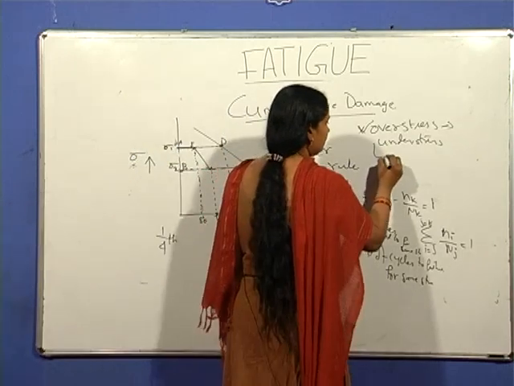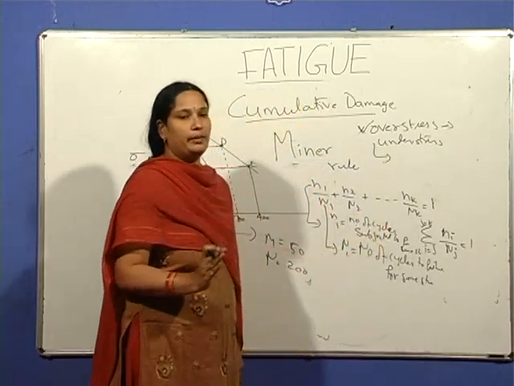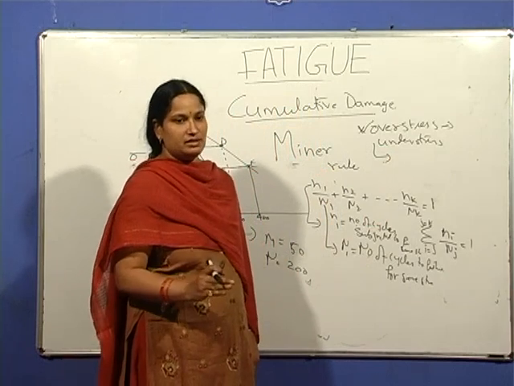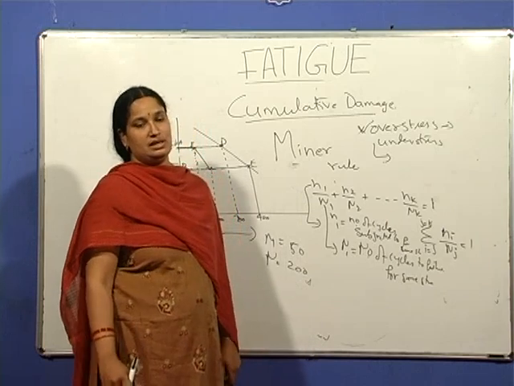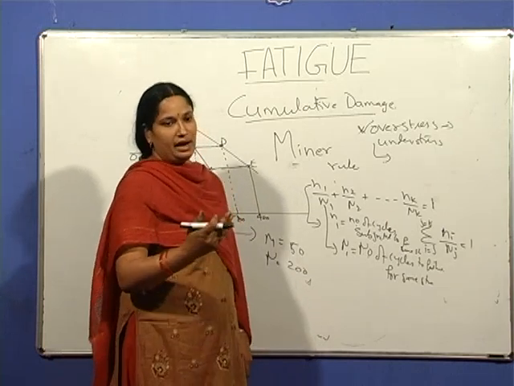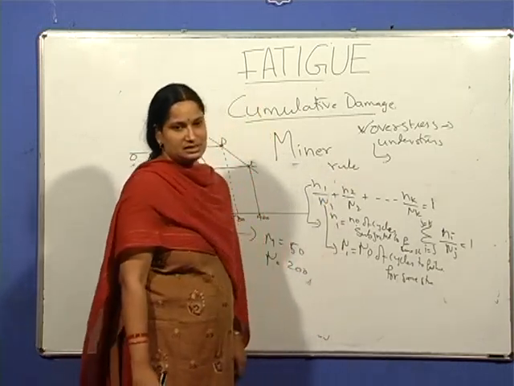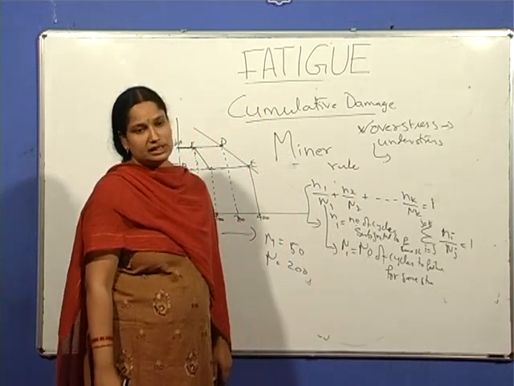And understressing means initially if the component is tested at a very low value of stress, and again if it is tested at a high value of stress, the life of the component will increase. Why?